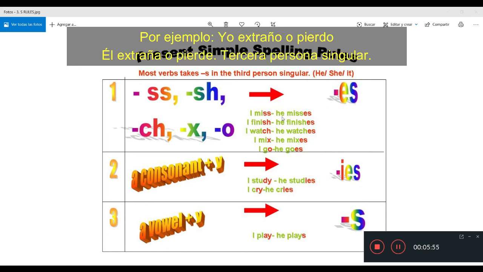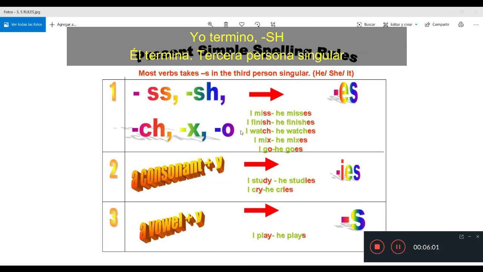For example, I miss, double s. He misses, third person singular. I finish, sh. He finishes. I watch, ch. He watches. I mix, x. He mixes. I go, o. He goes.